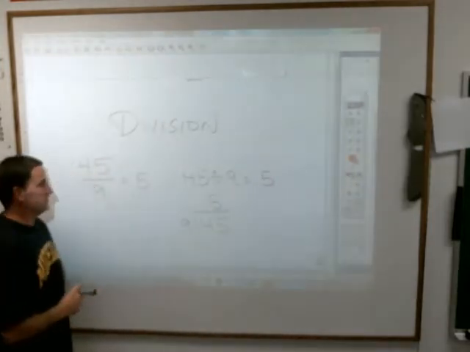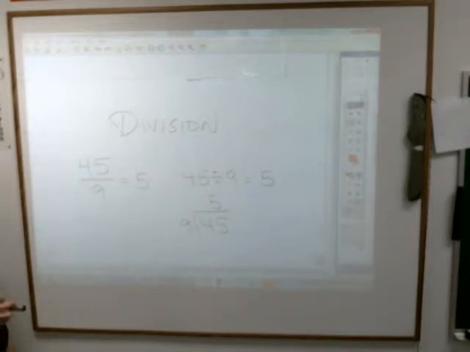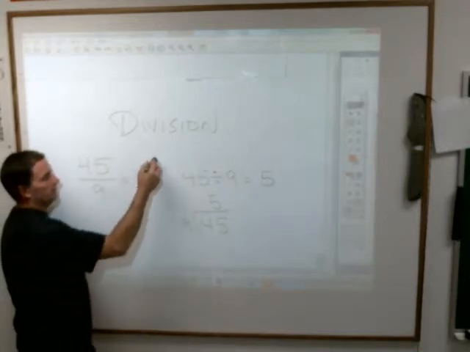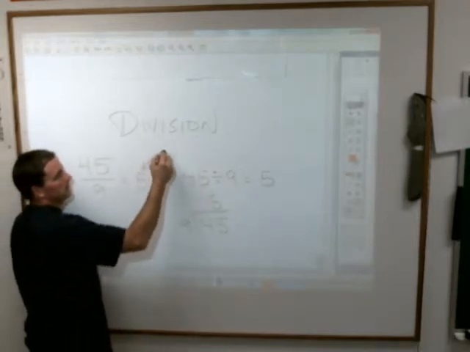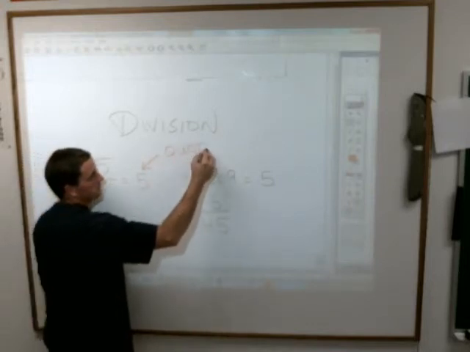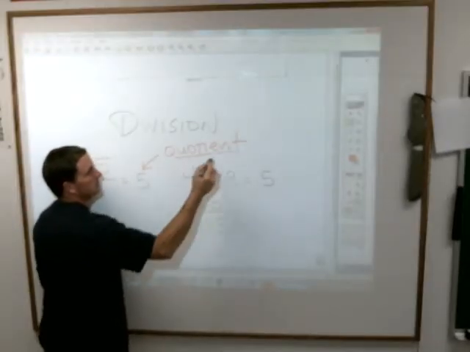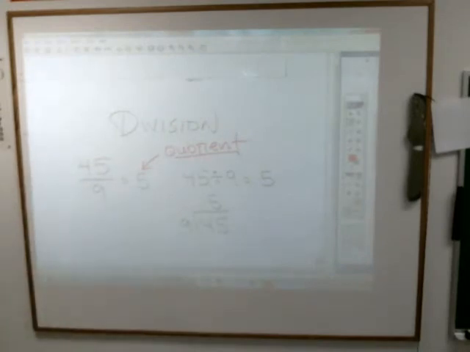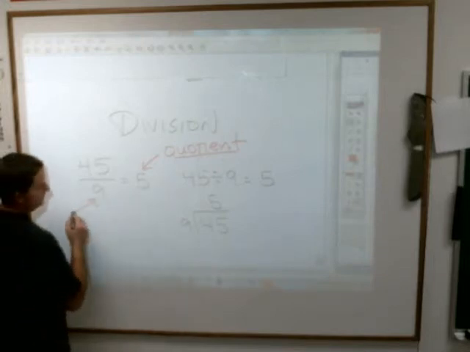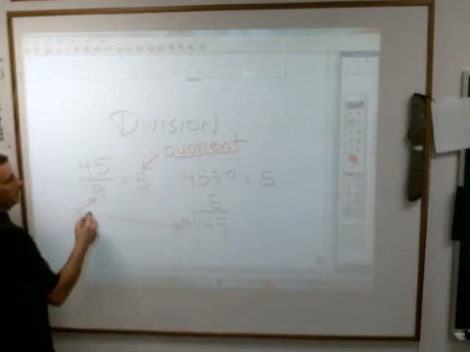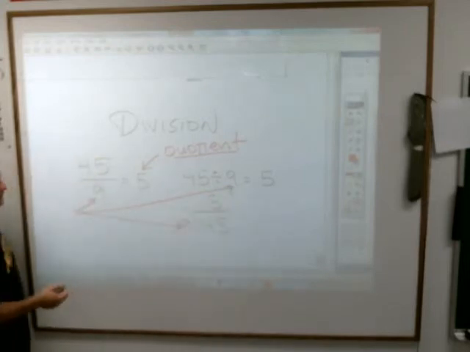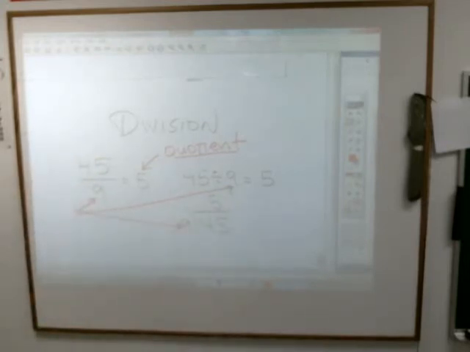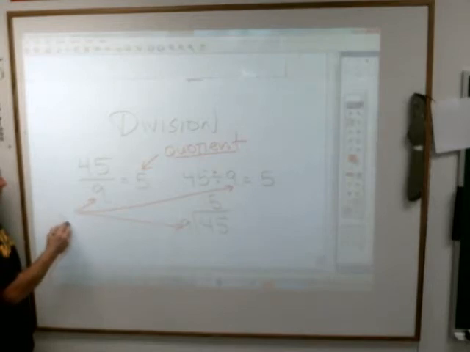Let's start with the answer. The 5 is the quotient. The one that's doing the work, the 9, is the, this almost makes sense. The thing that's doing the dividing is called the, Evan? Dividend. I believe it's the divisor, isn't it?